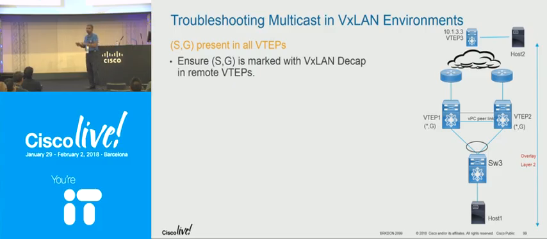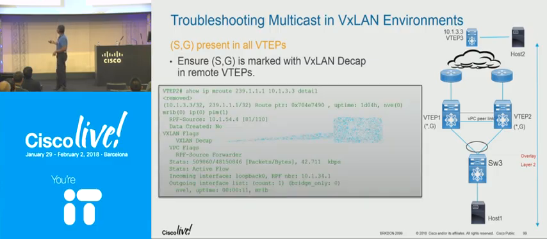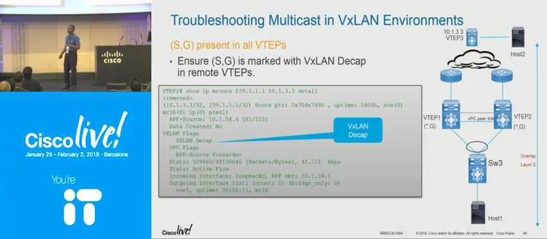If you don't see that S comma G entry at all, then there's an issue somewhere along the path, so follow the traditional troubleshooting that we discussed earlier. But if you see the S comma G entry on the egress VTEP, ensure that the VXLAN decap flag is set. The VXLAN encap flag must be set on the ingress, and the VXLAN decap flag should be set on the egress.